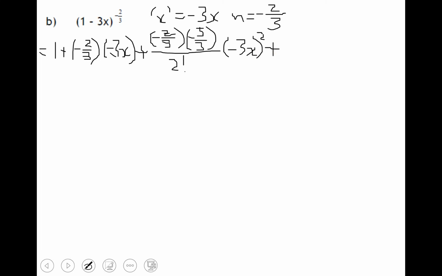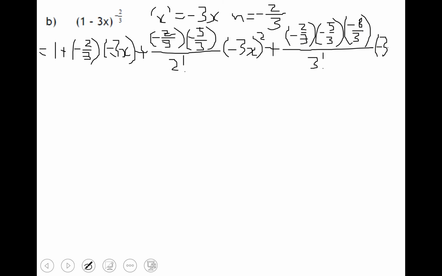The next term, minus 2/3 times minus 5/3 times 1 less, which is minus 8/3, all over 3 factorial, times minus 3x all cubed, plus dot dot dot.